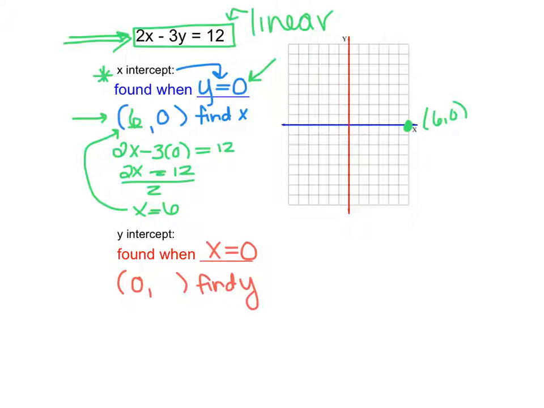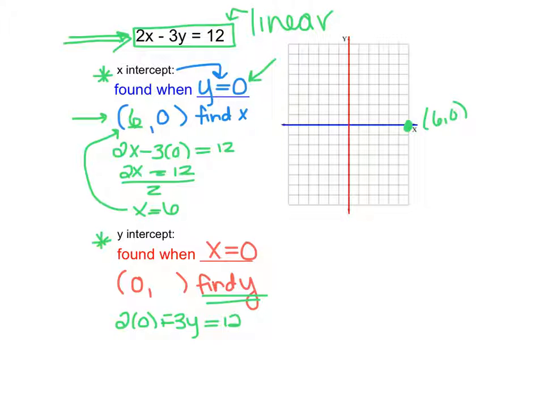And then if I switch gears, I'm going to focus on finding my y-intercept point. So my y-intercept point is found when x is equal to 0. And we're going to take x equals 0, substitute it in for x, and find the y value that pairs with it. So here we have 2 times 0 minus 3y is equal to 12. This is an area where students often make errors, so we can rewrite this subtraction as plus negative 3.